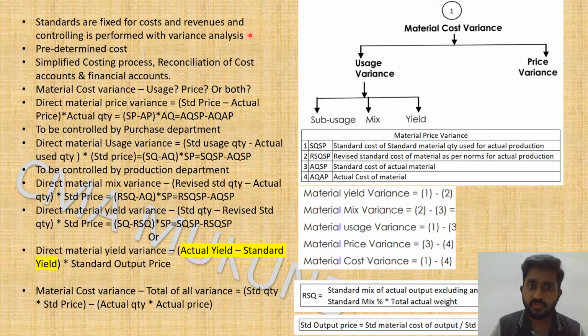These are fixed costs and revenue, based on a lot of inputs from various functions. For example, if your company is making a product, and that product consists of various child parts, the assembling of all the child parts results in the final finished goods or the final product.